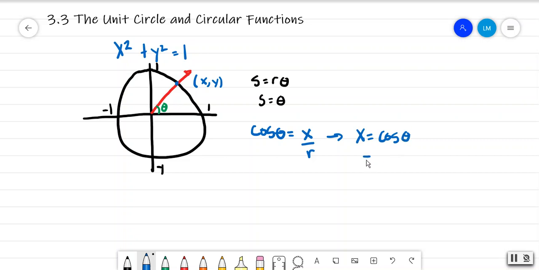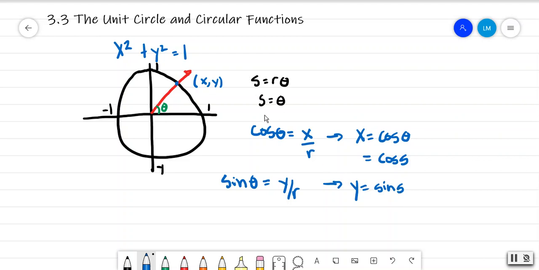But notice that theta is s, so that's just going to be cosine of s. Okay, that's kind of interesting. So that tells us furthermore that sine theta is y over r. But again, remember that r is equal to 1. So similarly, y is equal to sine of s.